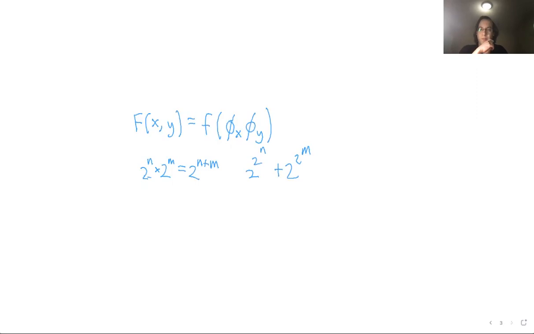Okay, so usually we call n the length of the input. So let's call that capital N for a second. Let's set capital N to equal 2 to the 2 to the n plus 2 to the 2 to the m. Then this is roughly 2 to the 2 to the max of the two.